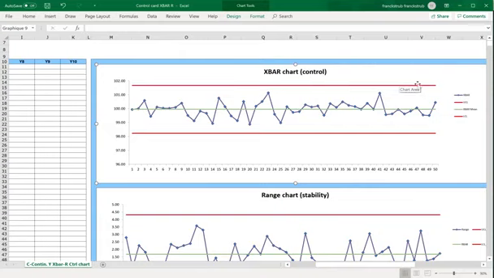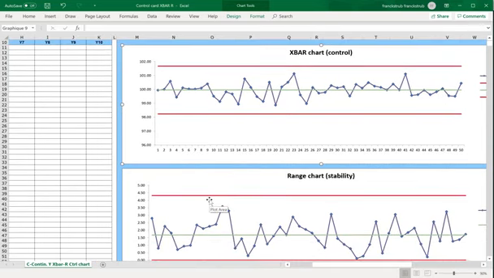If you have one X-bar above or below the control limit, we say that you are out of control. And we'll say that it's probably because of a special cause, and we need to investigate this cause and eliminate it, fix the issue, to come back to an in-control process. The range chart is also helpful.